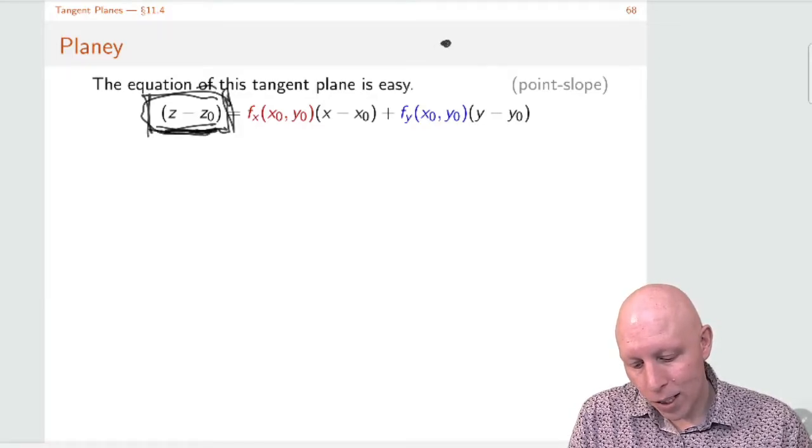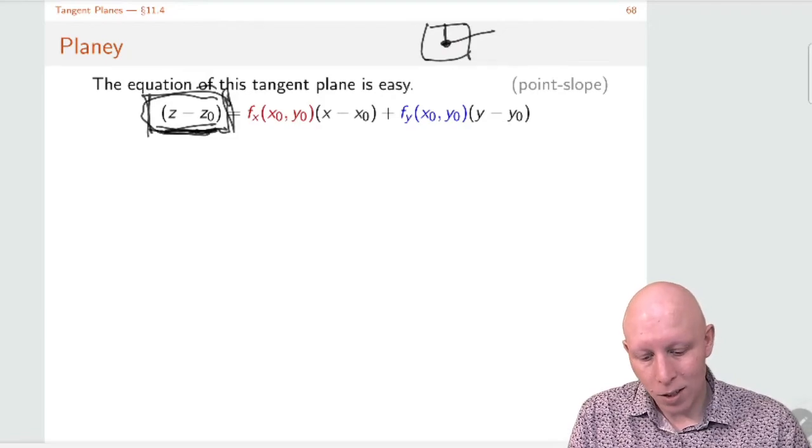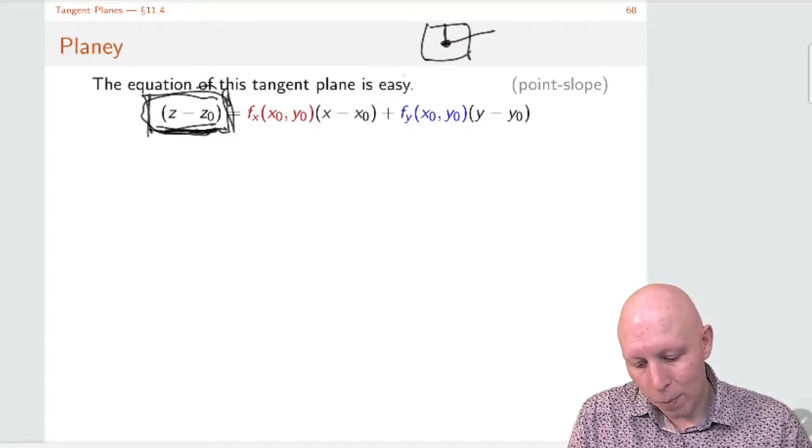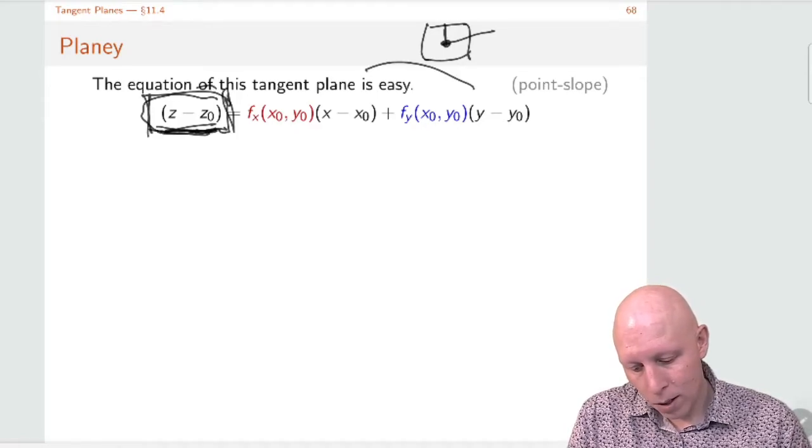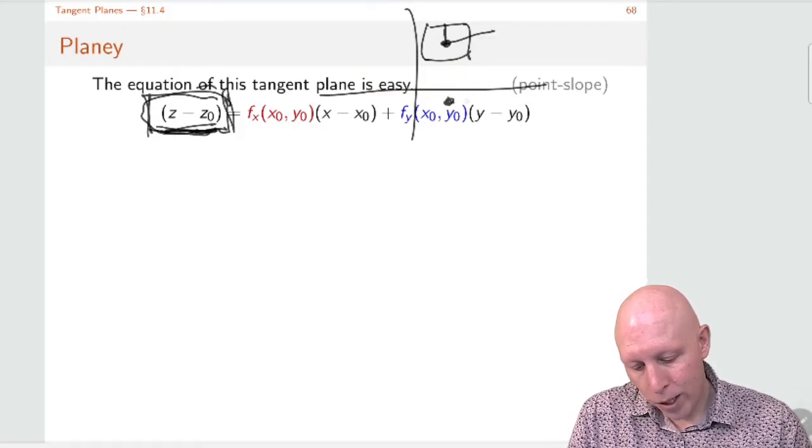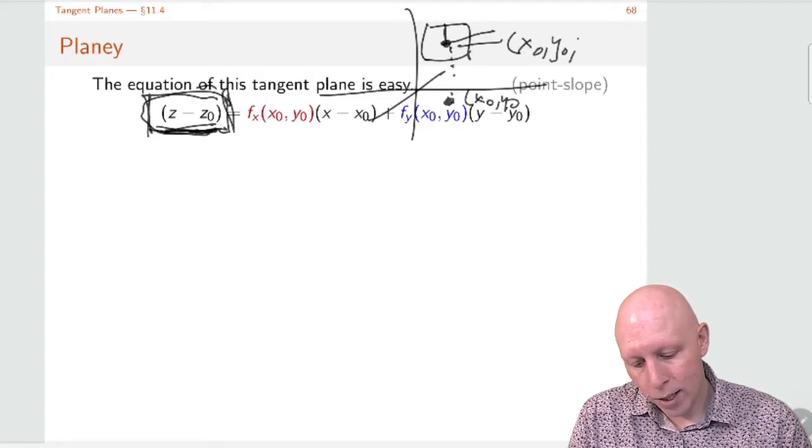How far is our function value away from our initial point z naught? This being the tangent plane above our point here. If this is x naught, y naught, then up here this is the point x naught, y naught, z naught.